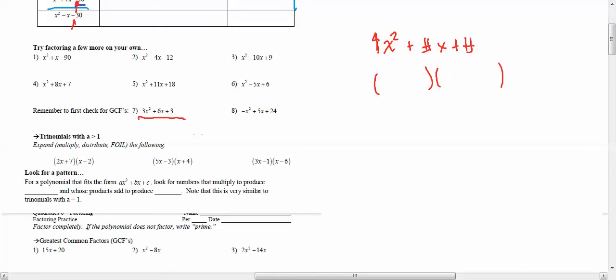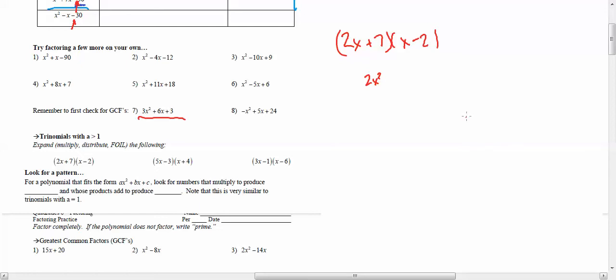That's what we did here. We pulled the 3 out of everything. But for this one, you need to account for that 4. Let me show you guys a little bit more. Again, I'm going to show you guys factoring, but before I show you factoring, let me FOIL out a few things for you. 2x plus 7, x minus 2. Foiling that becomes first times the first, so the 2x times x is 2x squared.